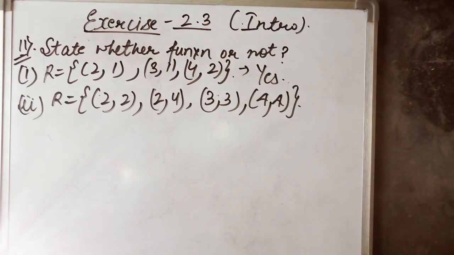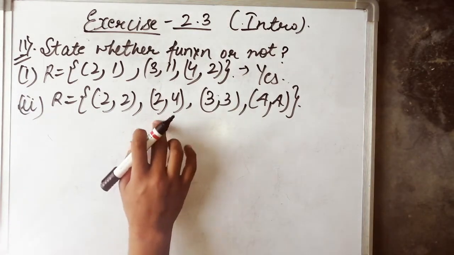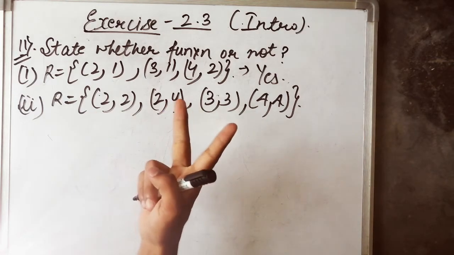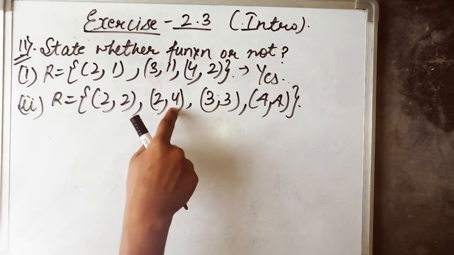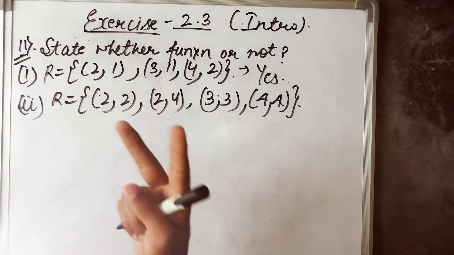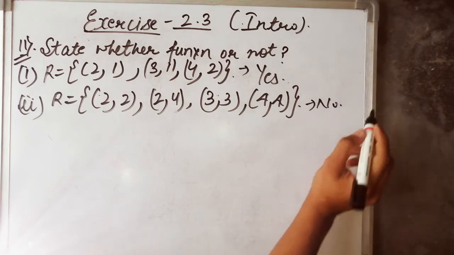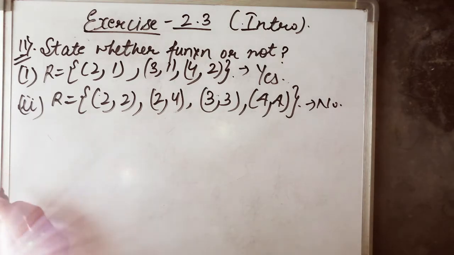Now see here, is this relation a function or not? This relation is not a function as 2 has two distinct images. One image is 2 and the other image is 4. So this is not a function because 2 is having two different images.